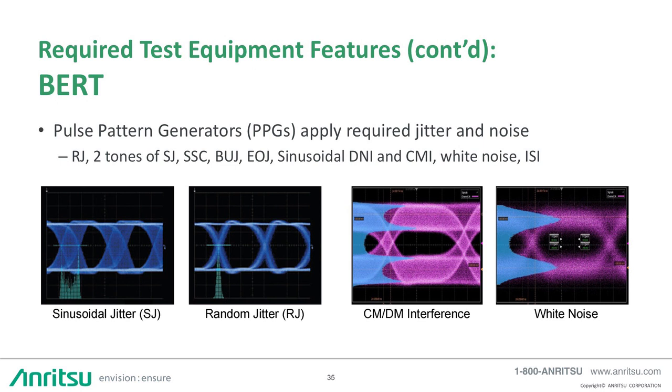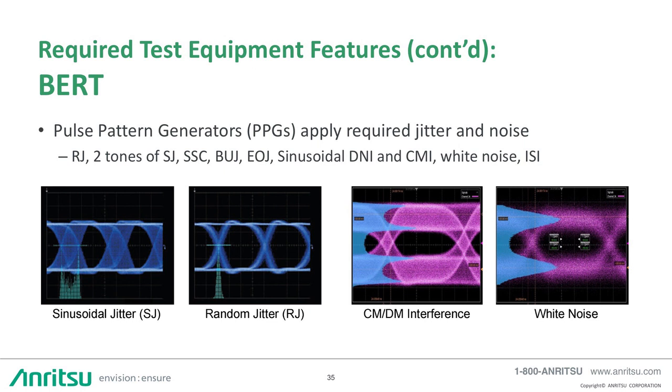Spread spectrum clocking at modulation frequencies from 28 to 37 kilohertz and amplitudes from 0 to 7,000 parts per million. Sinusoidal differential mode interference and common mode interference over a wide choice of frequencies and amplitudes. It can apply white noise with 10 gigahertz bandwidth and a crest factor larger than 5.